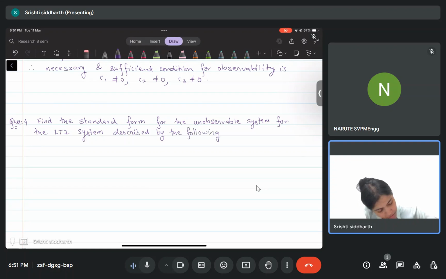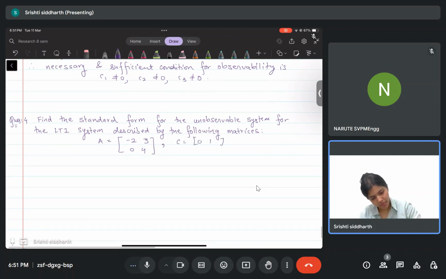We have A equals -2, 3, 0, 4. You just need A and C for observability. So C is 0, 5. We know what the standard form looks like.